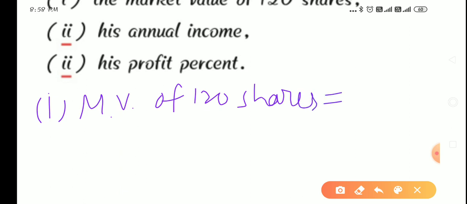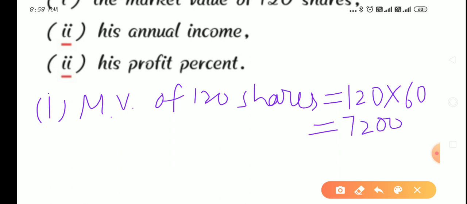Just before I told you the formula: MV of 120 shares is number of shares 120 times the MV of one share, 60. 12 6s are 72, so 7200 is the MV of 120 shares.